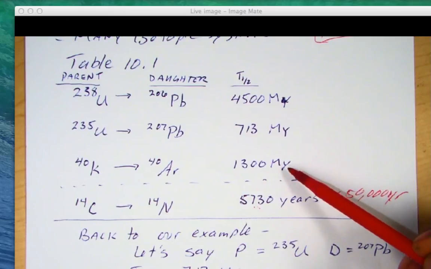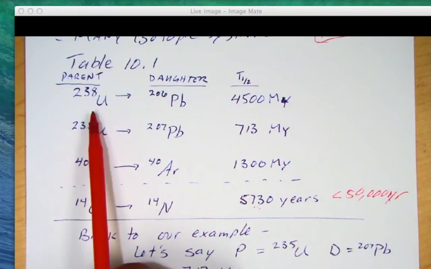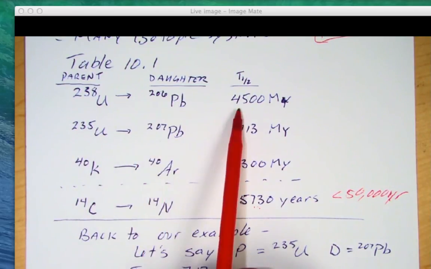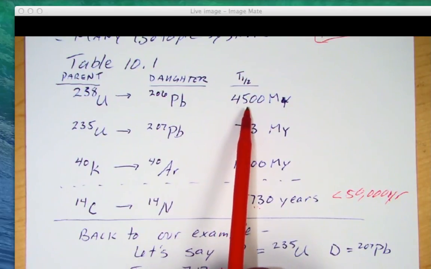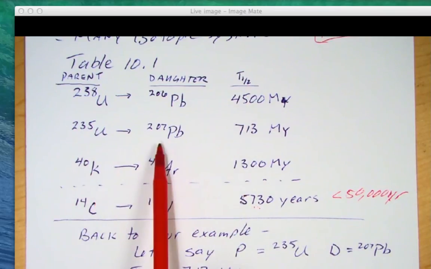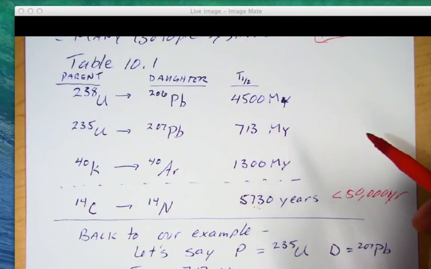So these are good for dating rocks of anywhere from a couple of million years old to billions of years old. Now, uranium-238 decays to the stable end-daughter product of lead-206, and one half-life takes 4.5 billion years, or 4,500 million years. For uranium-235 to lead-207, it takes about 713 million years.